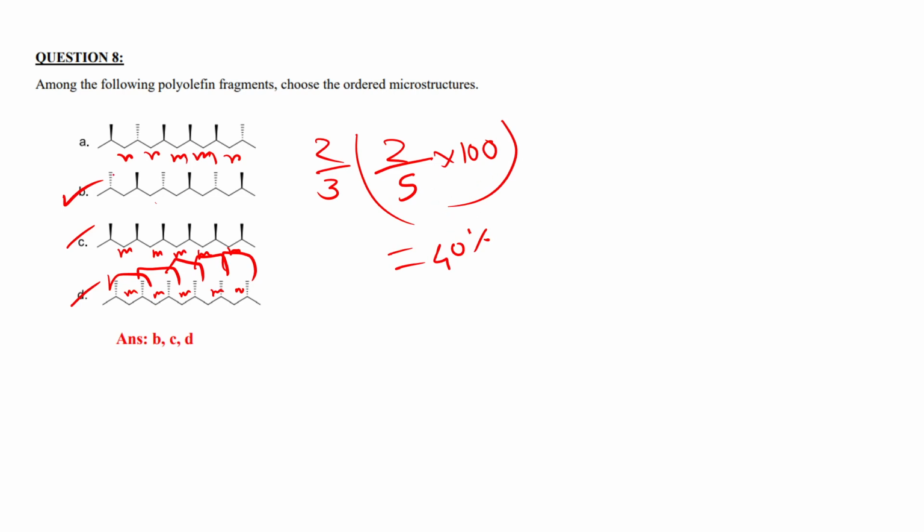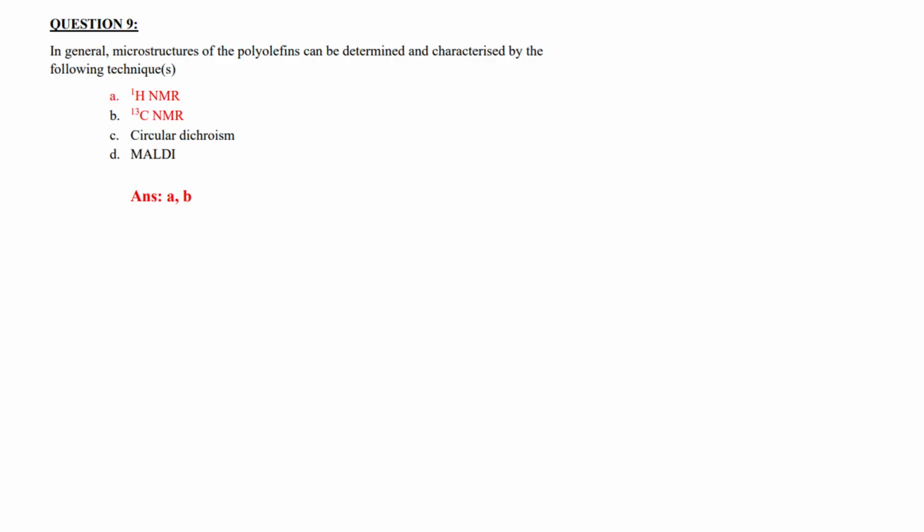So that's right, it's not ordered, or we can call it atactic. It is not correct. This we have discussed, the general microstructure of polymers characterized by basically proton and 13C NMR. So how?